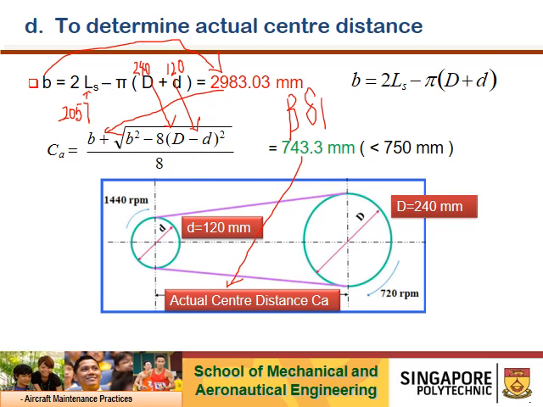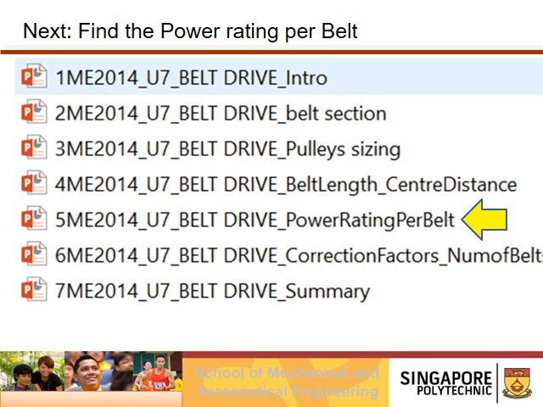So your actual center distance is this, based on the B81 belt. So we have calculated our actual center distance and the selected pitch belt length. The next video we will talk about power rating per belt, how to determine the power rating per belt for B section. Let's move on to that.